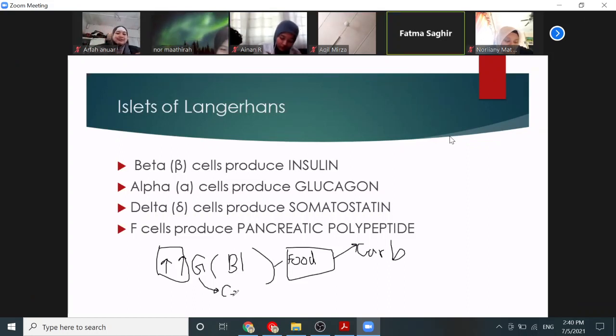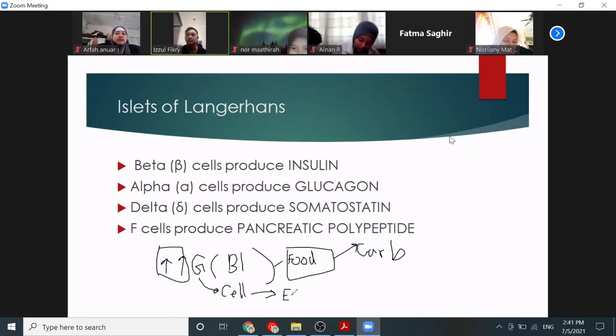Okay, so you are going to send it to all body cells. So what will body cells use glucose for? I think it is converted by our body to give us energy. Yes, energy, very good. So for energy, or as Matira said, for metabolism, we need energy.